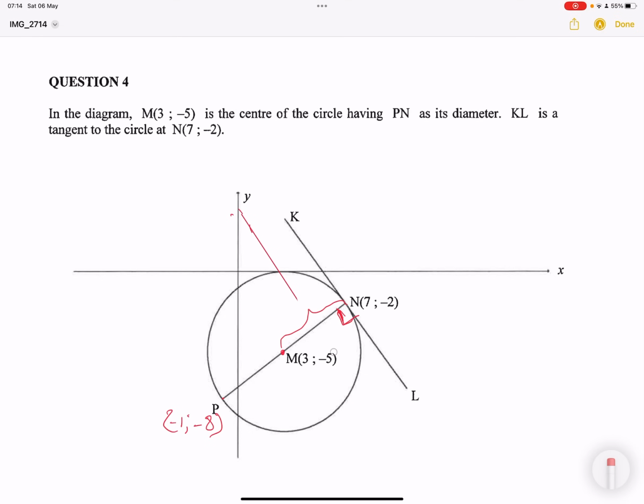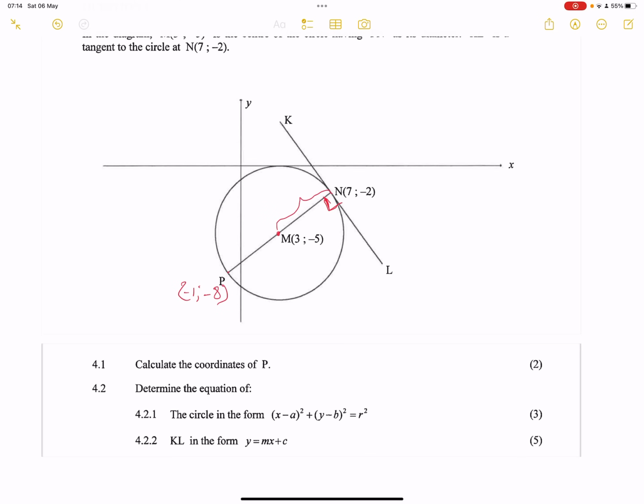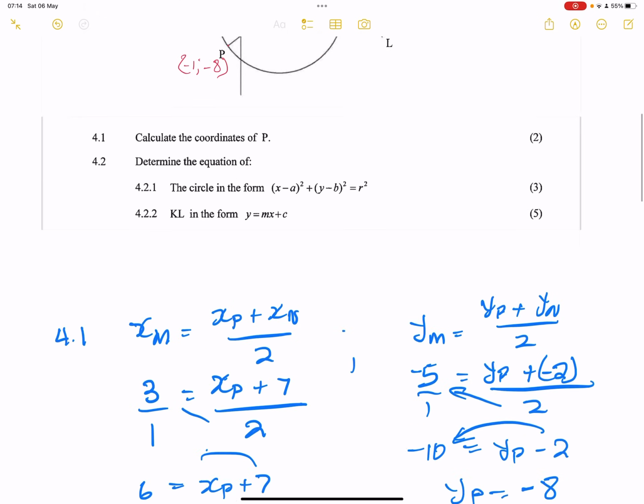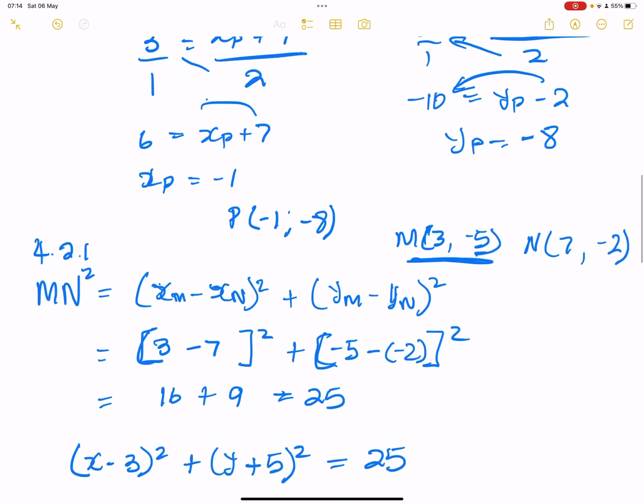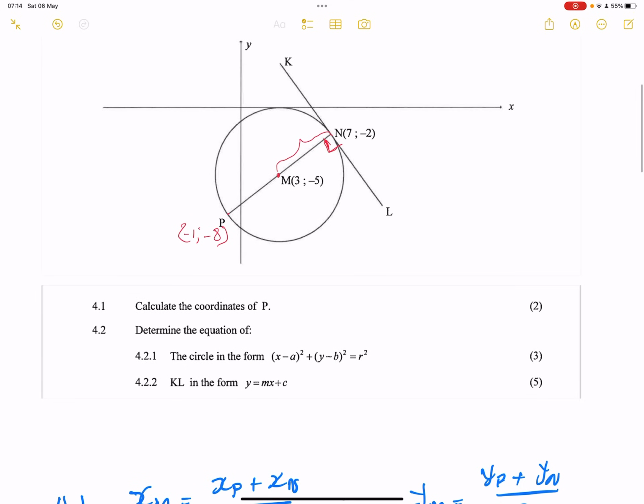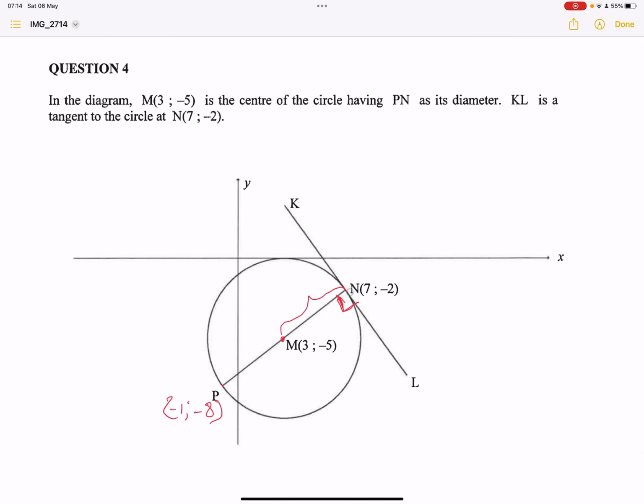So in this case, they want to know the values of k. Now, please note that they are using the same gradient as that of KL. So they want to know what would be the upper and the lower boundaries so that it doesn't become a tangent. But remember, where would that line be a tangent?